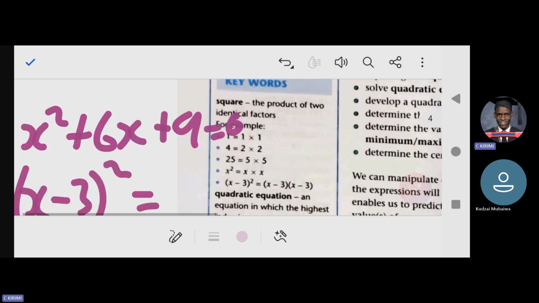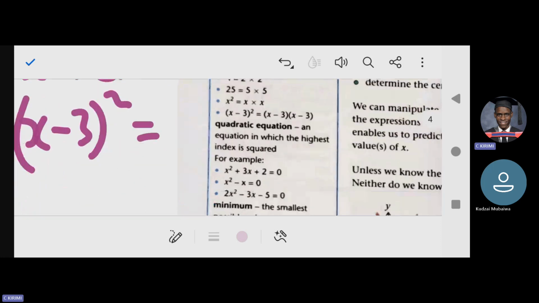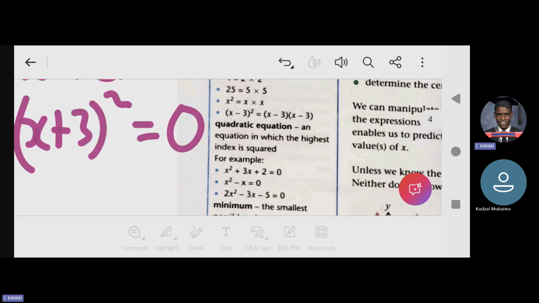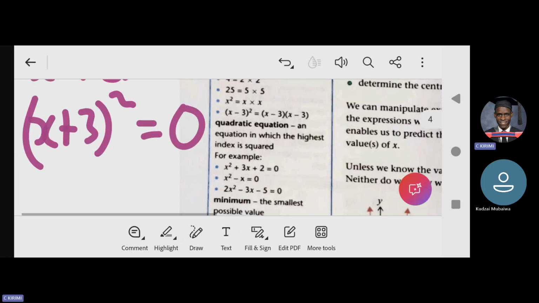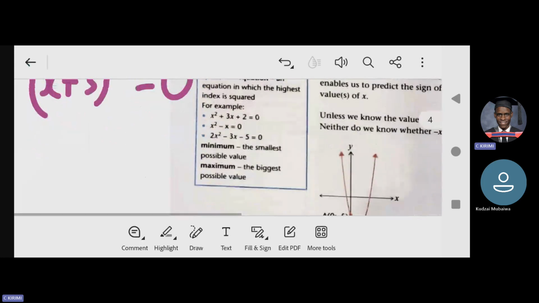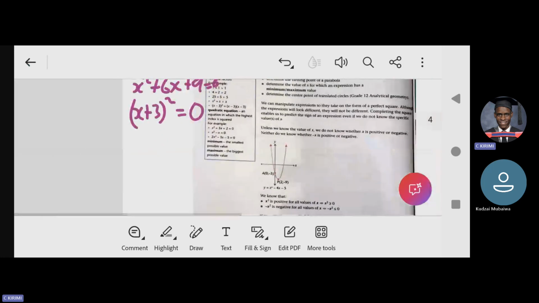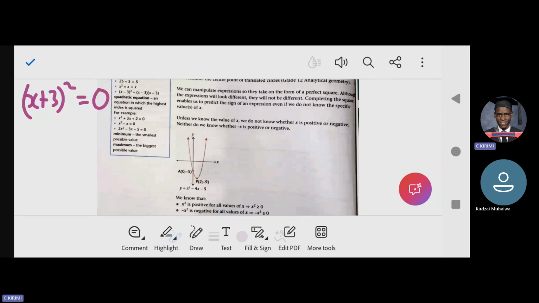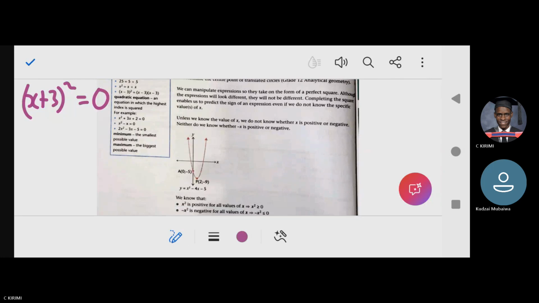For the first one, it was (x + 3) squared is equal to 0, isn't it? Yes, sir. So with the method, if you want to sketch this graph, given this function, if there's a plus there, it means the graph has been shifted to the right or to the left?